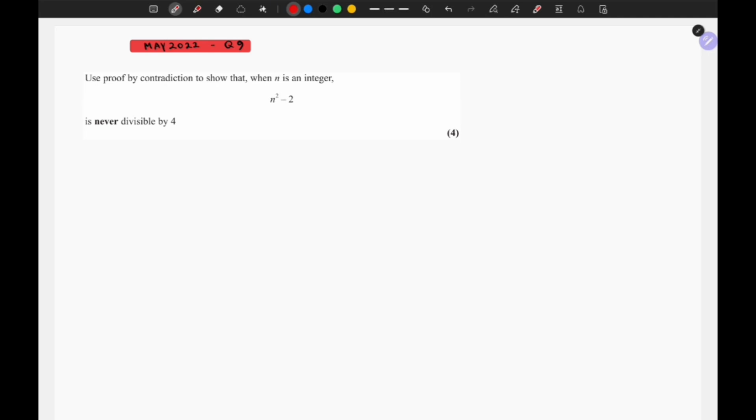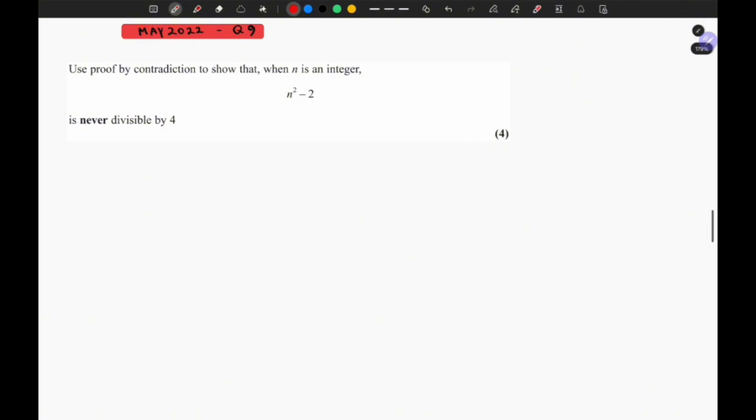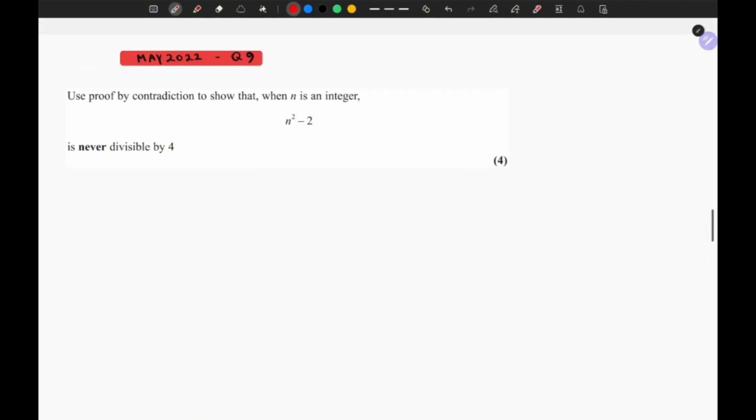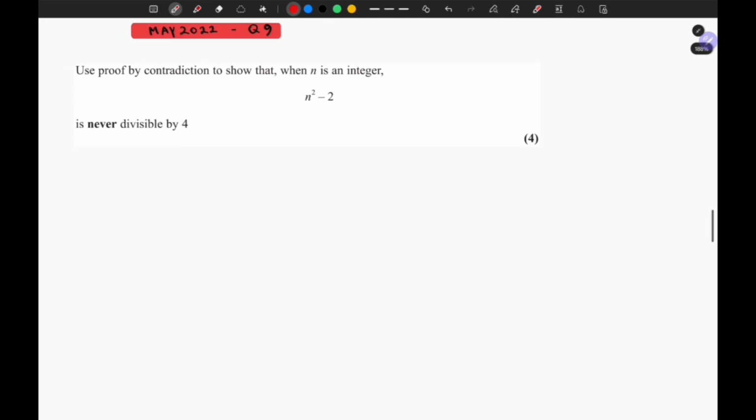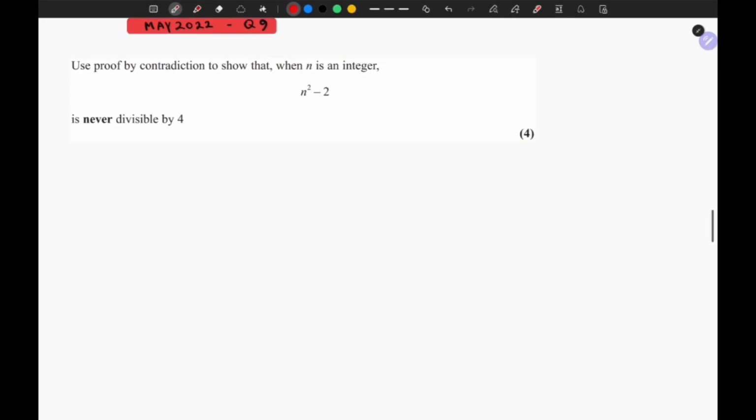This is from May 2022, question 9. We need to use proof by contradiction to show that when n is an integer, n squared minus 2 is never divisible by 4. So the assumption is pretty simple. We need to assume that n squared minus 2 is divisible by 4.